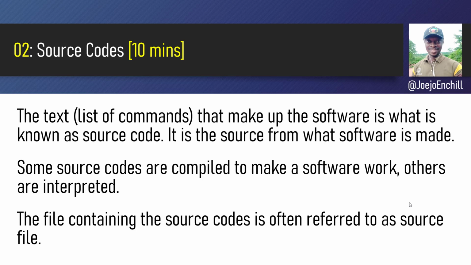What am I saying? I'm saying that certain programming languages create source code that are compiled by the developer using certain compiling engines or certain other softwares that does the compiling into executable code. That is a code that the computer can execute to get work done.